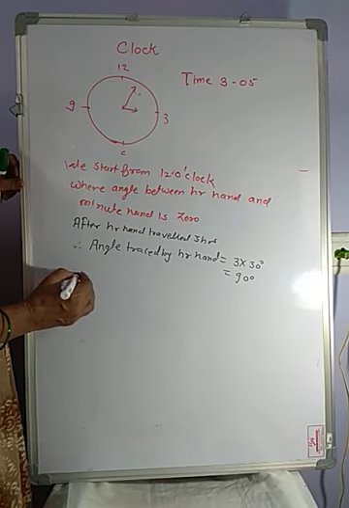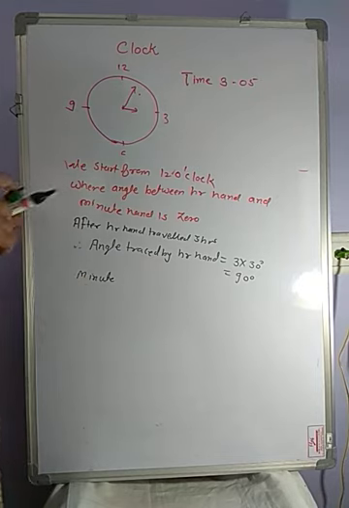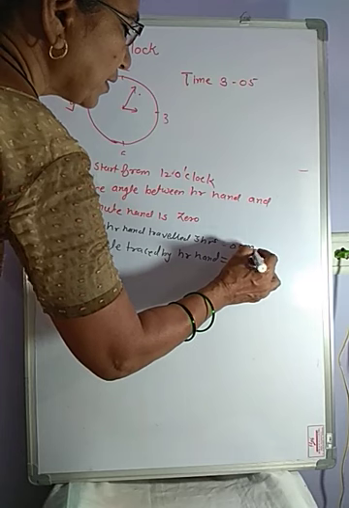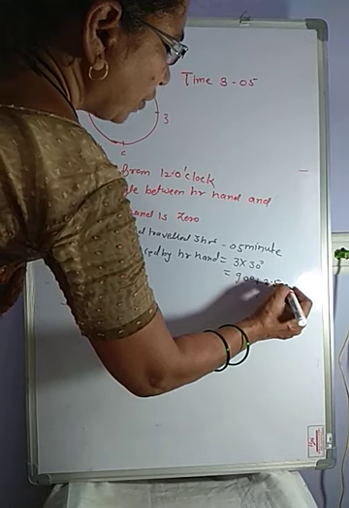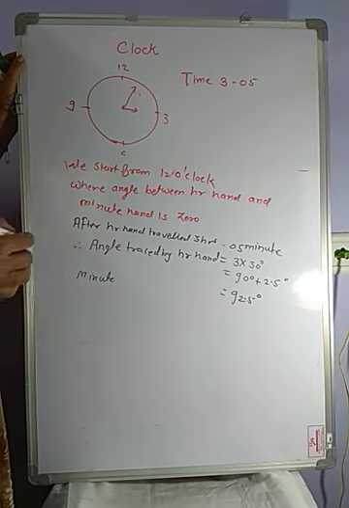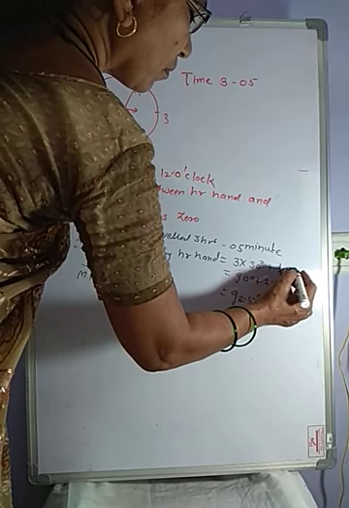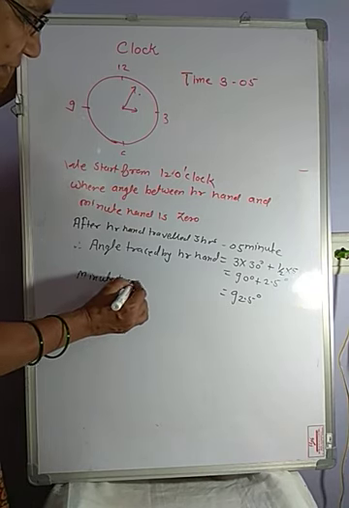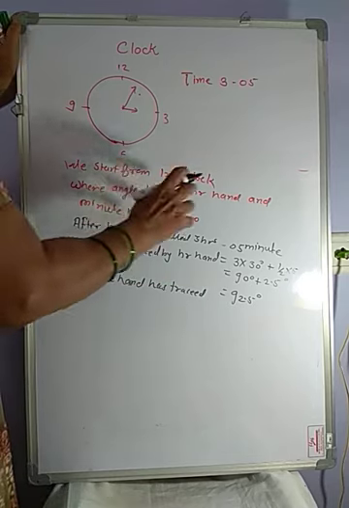Now the speed of the hour hand is half a degree per minute, and for 5 minutes that is 2.5 degree, so 90 plus 2.5 degree, that is equal to 92.5 degree, is the angle traced by the hour hand. The minute hand has traced only 5 minutes.